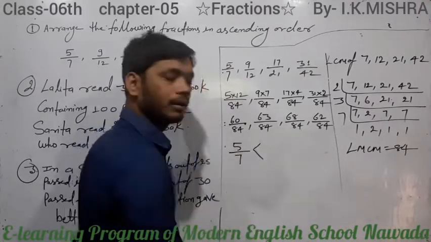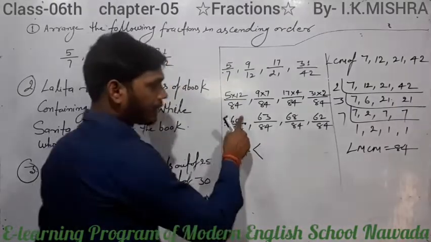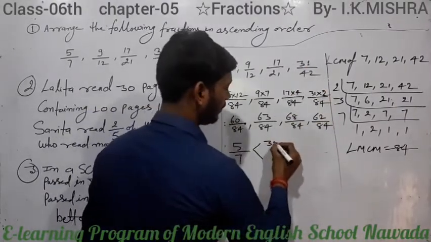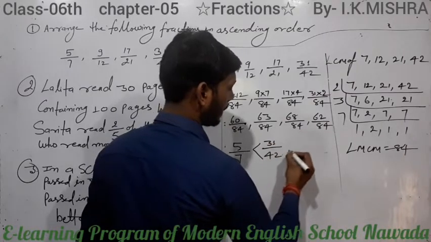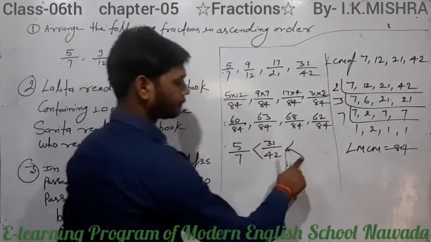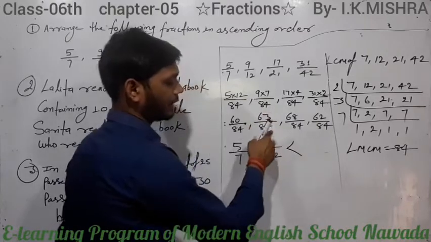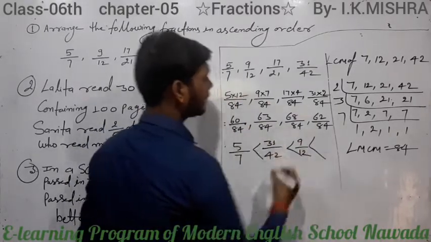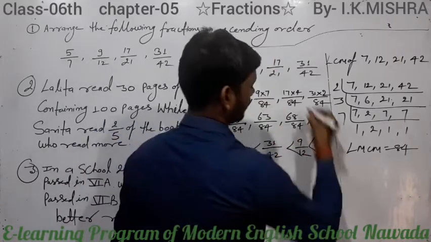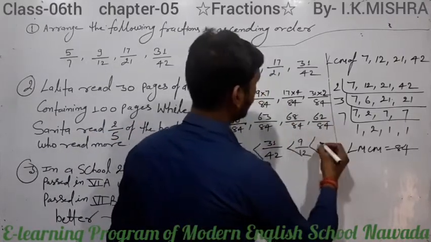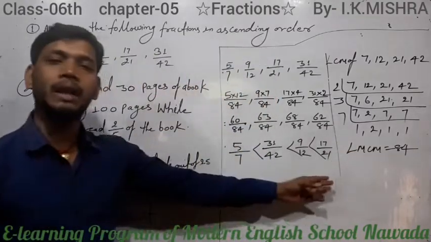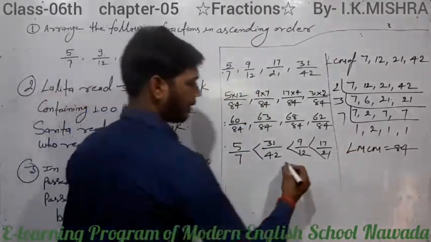After that 62, that means its fraction is 31 upon 42. After that 63 by 84, that means 9 by 12, and after that 68 by 84, that means 17 upon 21. Students, this is the arrangement in ascending order.